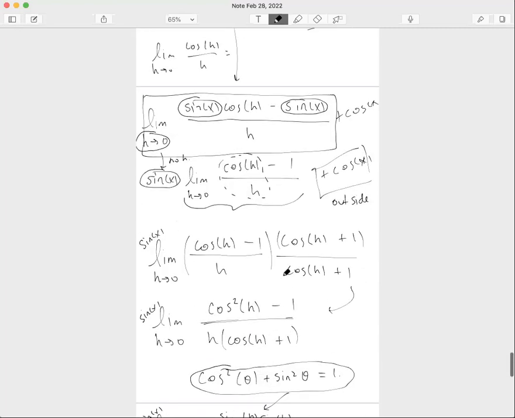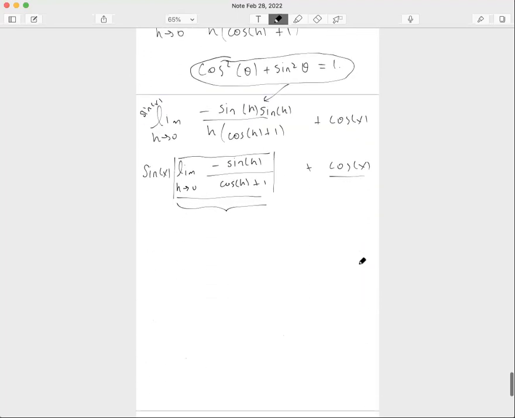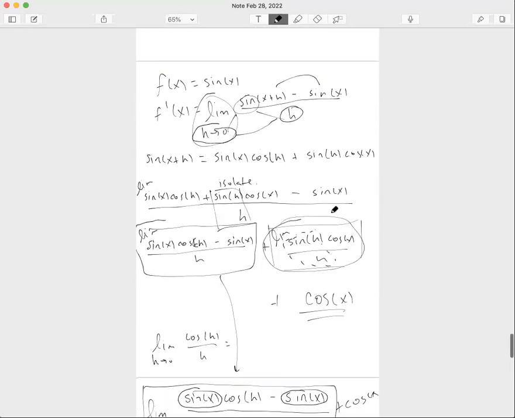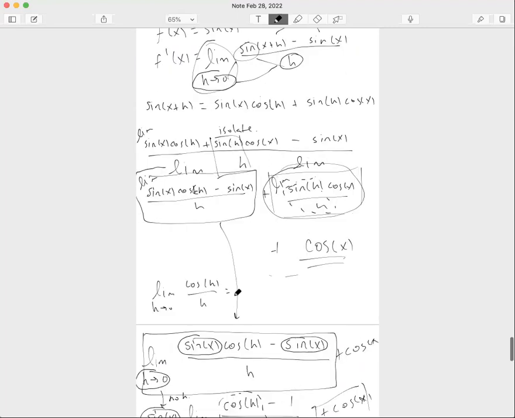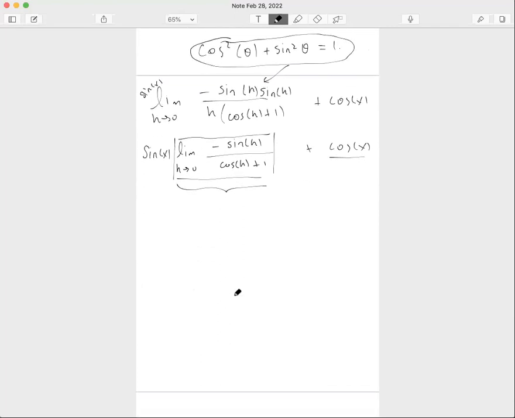I did the limit of the second term when I split up the fraction. It's a sum, right? Now I'm looking at the limit of this first term, and that's all this work down here. This is the last limit we need to do.